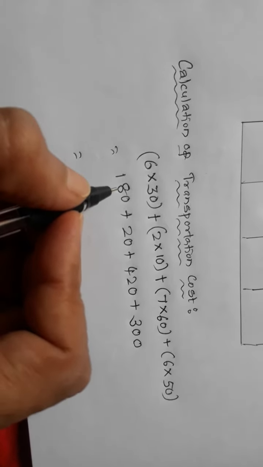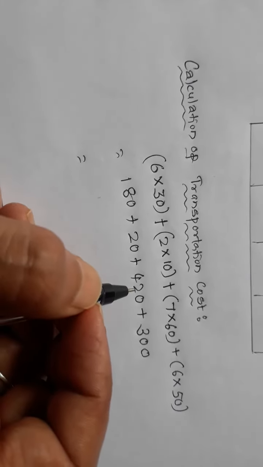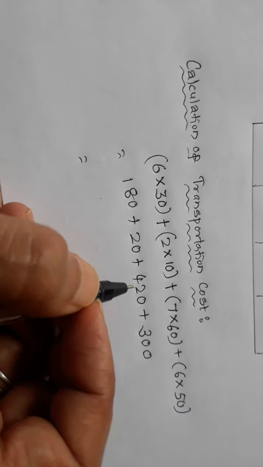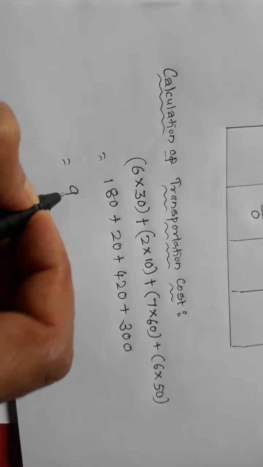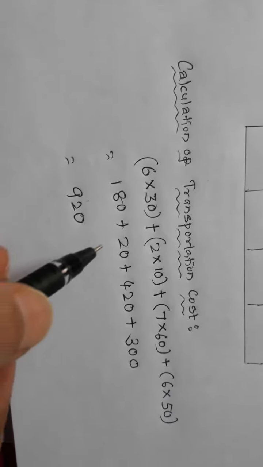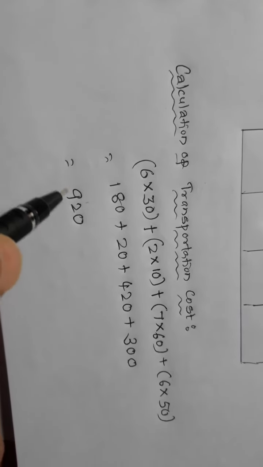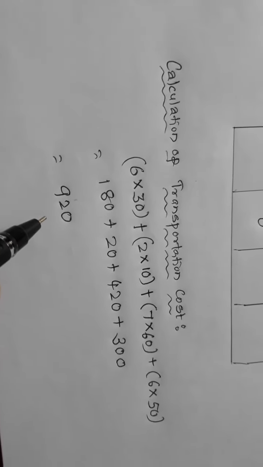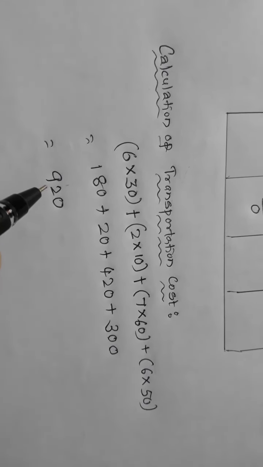Add: 180 plus 20 is 200, 200 plus 420 is 620, plus 300 is 920. The total transportation cost is 920 rupees. This is the calculation of transportation cost.